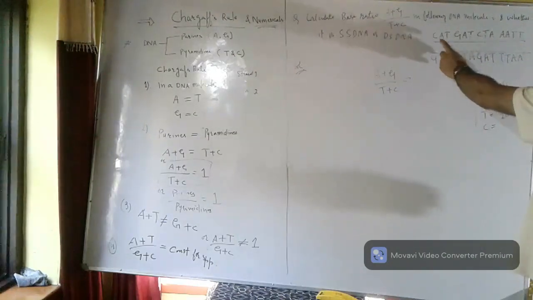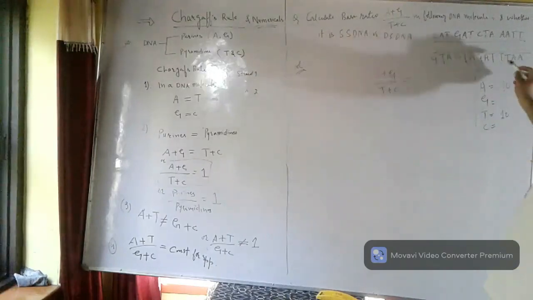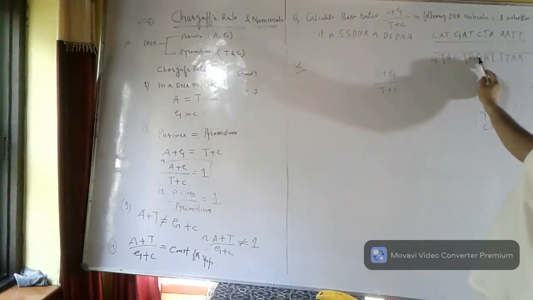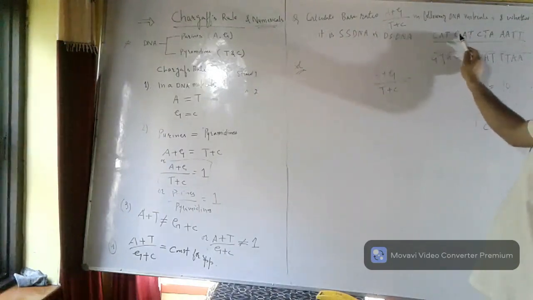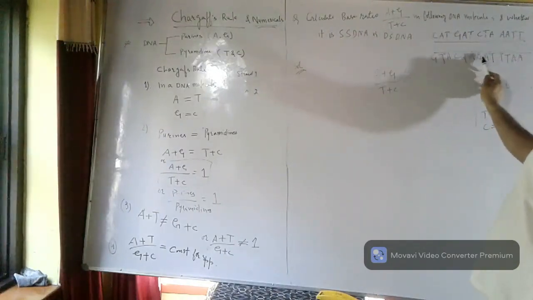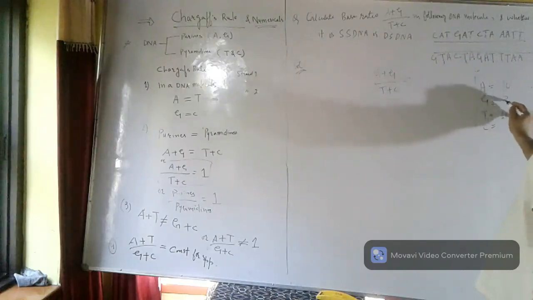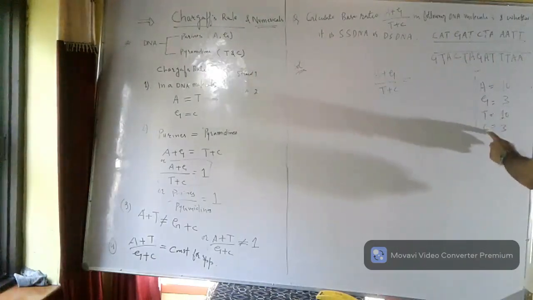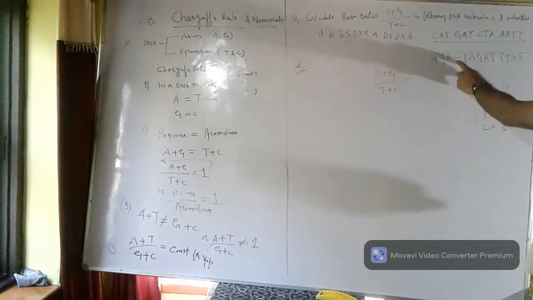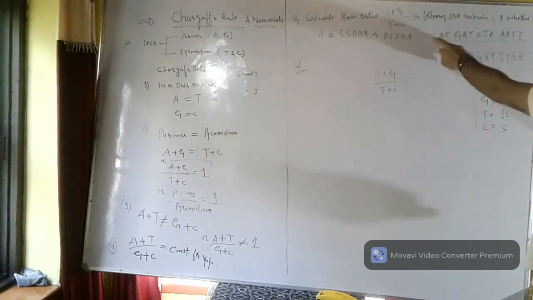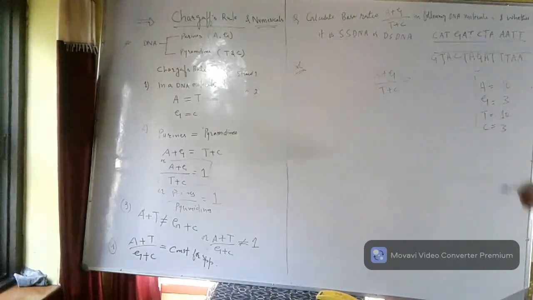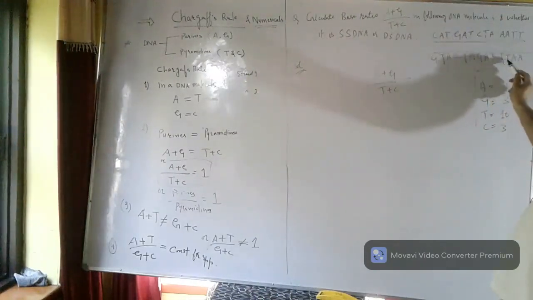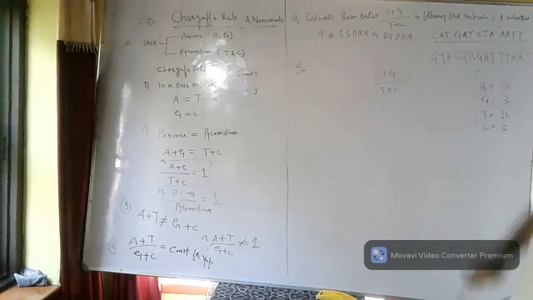How many guanine are there? 1, 2, 3 guanine. So 3 cytosine. We can also count cytosine: 1, 2, 3 cytosine. Thymine should be 10: 1, 2, 3, 4, 5, 6, 7, 8, 9, 10.